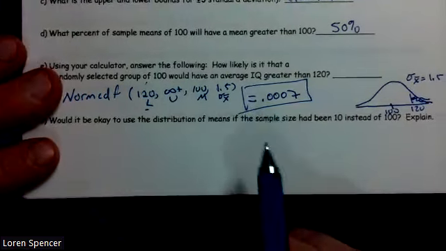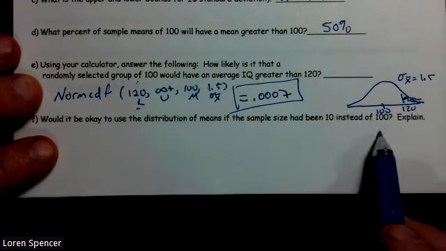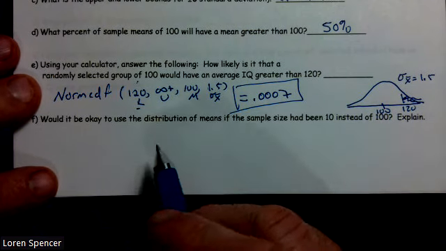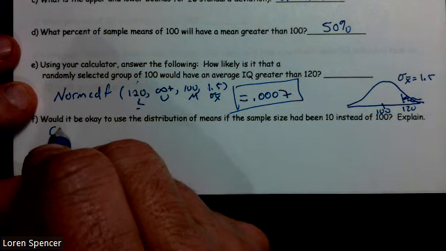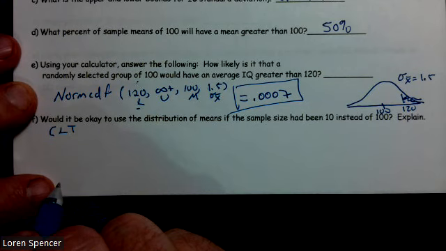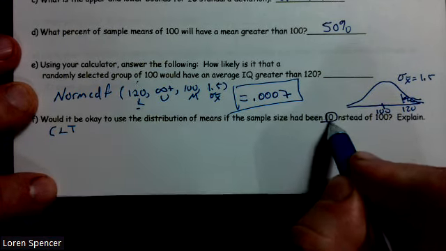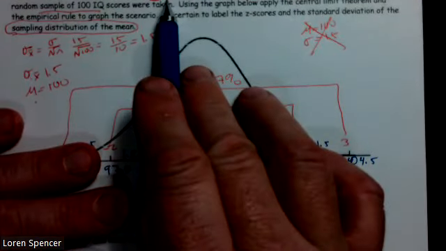Would it be okay to use the distribution of means if the sample size had been 10 instead of 100? Well, remember, we gave a rule in class that said to use central limit theorem, the underlying distribution had to be normal or the sample size had to be 30 or more. Well, they want to know if it could be 10. Well, here they told us the underlying distribution was normal.